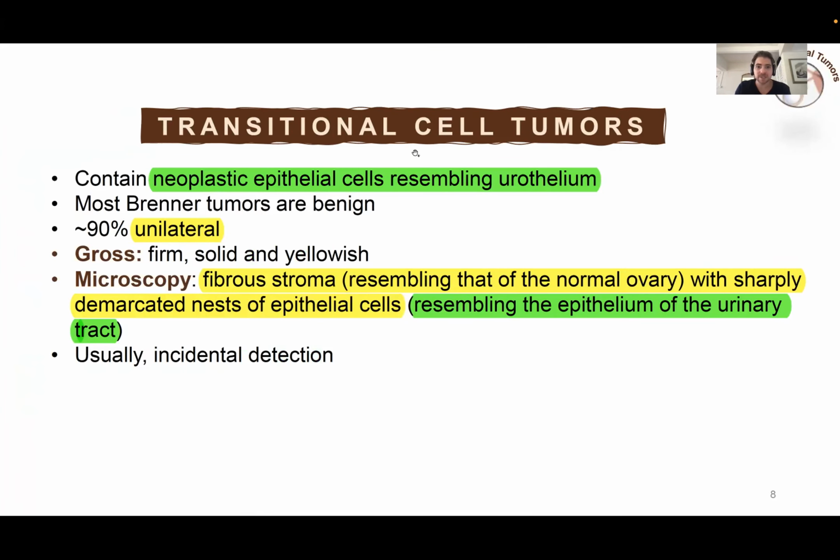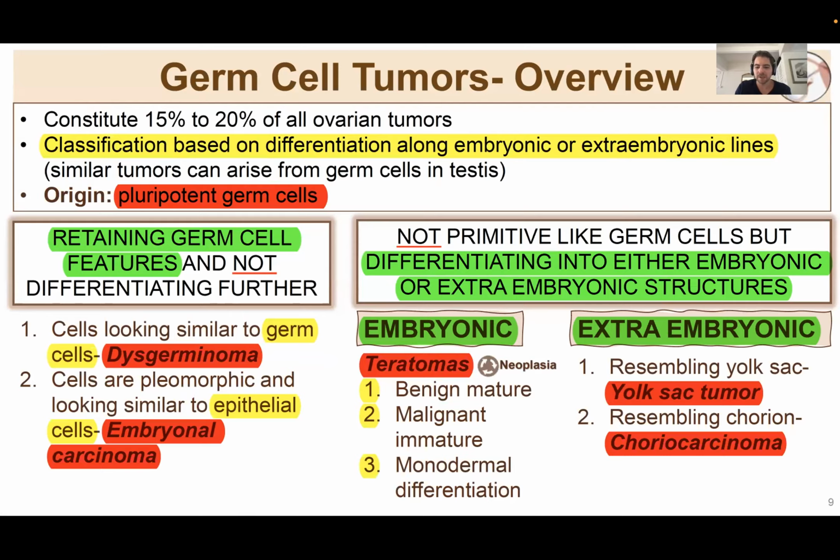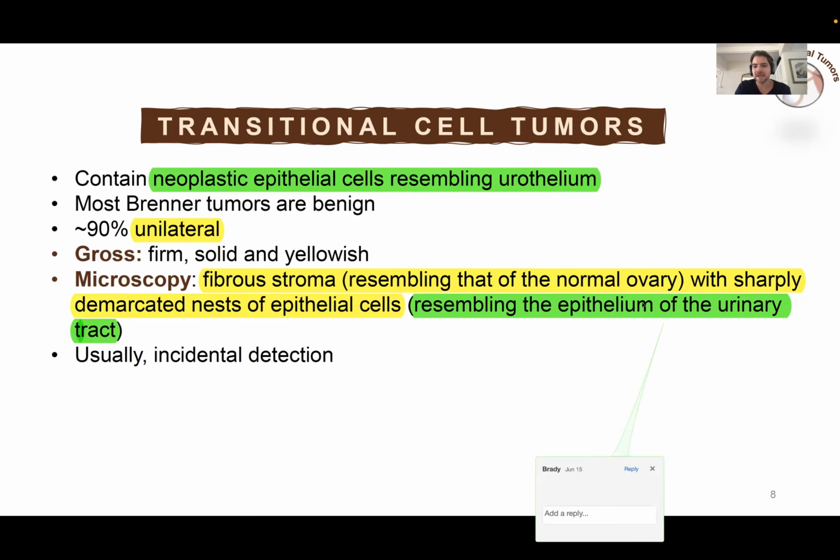Transitional cell, remember transitional epithelium is specific to the urothelium, the bladder and stuff. So if you see transitional cell, you would expect that to be in the bladder, or it could be a metastasis to somewhere else, but it's bladder tissue. Okay, so it resembles the epithelium in the urinary tract.